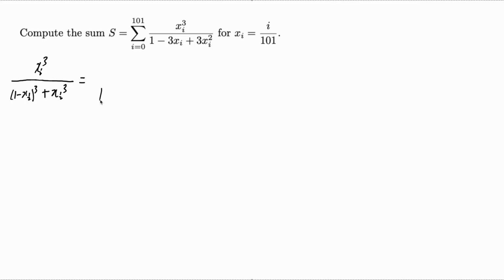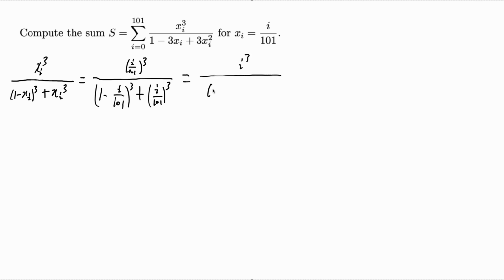So I have 1 minus i over 101 cubed plus i over 101 cubed, and our numerator should be i over 101 cubed. And then I multiplied by 101 cubed, so we get i cubed, and then minus i cubed plus i cubed.